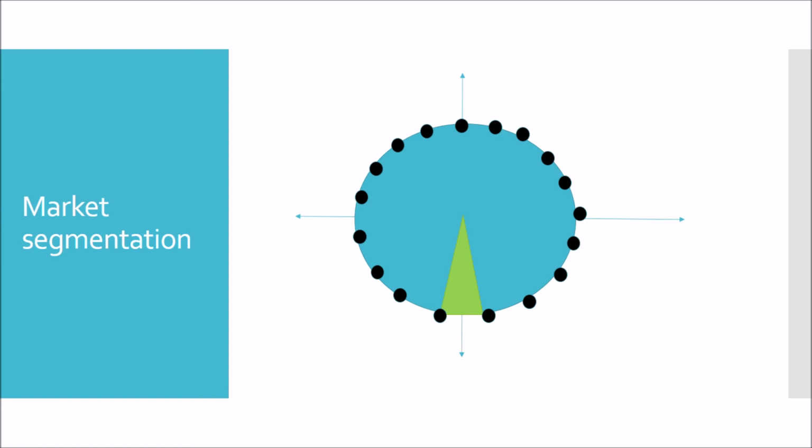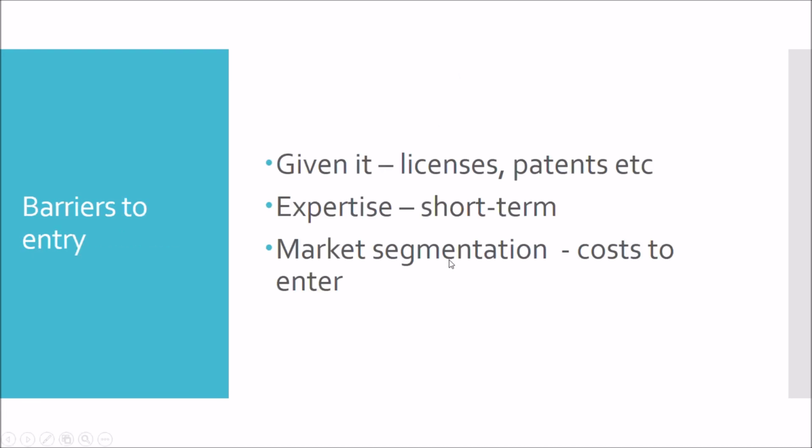And you think, well, I can't enter this market because they've got too much supply, too much cost to enter, and it's not going to be possible to achieve it. So in terms of market segmentation, barriers to entry, we might have licenses. We might have expertise in the short term, not going to hold together in the long term. We might have market segmentation or cost to enter. We can't sufficiently cover our costs, so the investment we have to make might be really, really high, and we can't make that money back in terms of turnover.